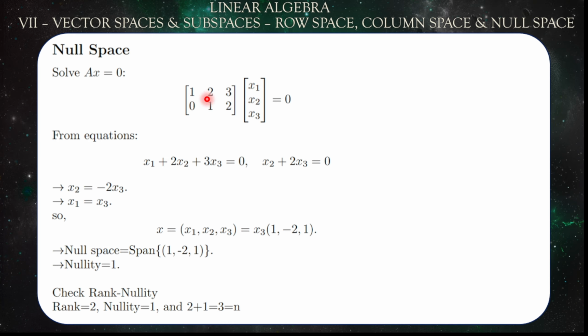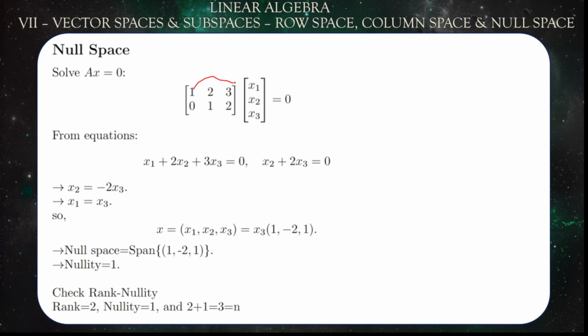So 1, 2, 3 and 0, 1, 2 multiplied by x1, x2, x3 is equal to 0. We're trying to solve this equation to get the solution. The first equation is x1 plus 2x2 plus 3x3 equals 0.